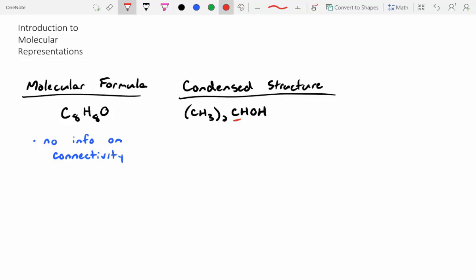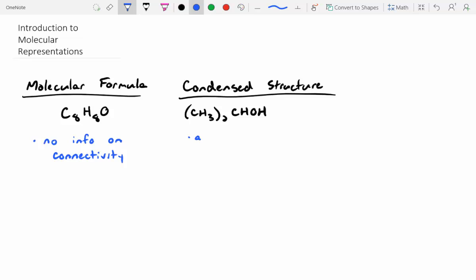I don't like using this structure, but I teach it because you will see it in your textbook, and you'll see it on standardized exams. Oftentimes, students have come back and said, man, I just took the MCAT, and they don't do zigzag formulas. They do condensed structures, and it took me forever to redraw everything. So I want you guys to know how to interpret these structures.